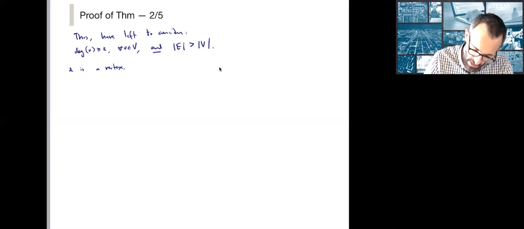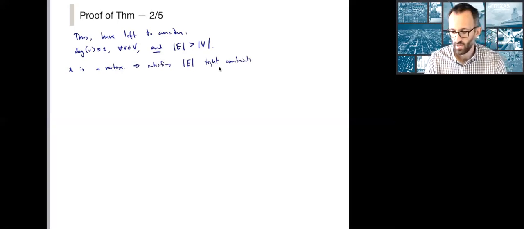So if X is a vertex, it satisfies E tight constraints. What I mean is at least E of the constraints that it has are satisfied with equality. And in particular, there must be E independent constraints that are satisfied with equality.